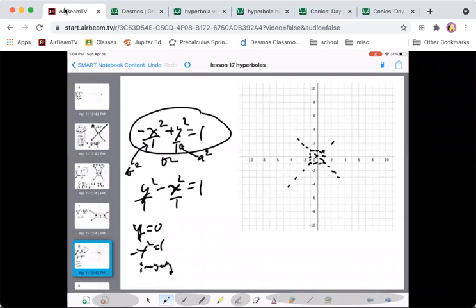So this one doesn't have x-intercepts. Instead, if you let x equal 0, you get y squared equals 1, y equals plus or minus 1. So the difference is that the 2 points that are the vertices are no longer the left and right points, but the up and down points. And our hyperbola is going to be an up-down hyperbola.